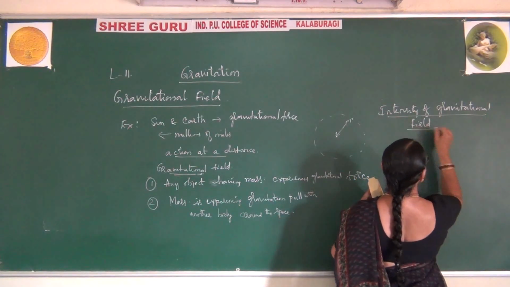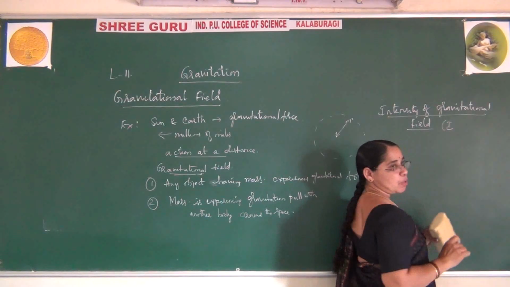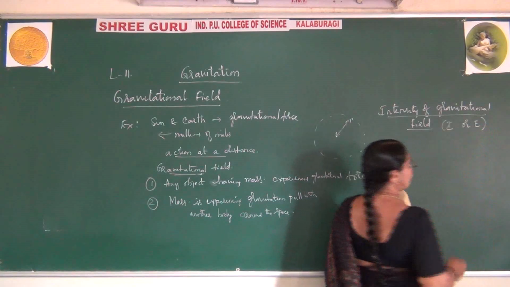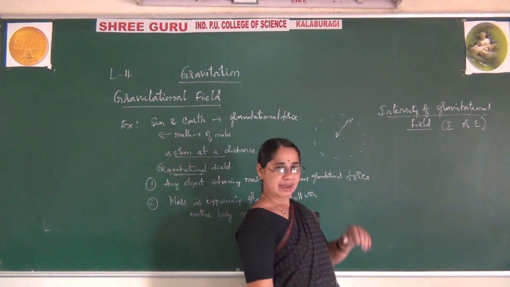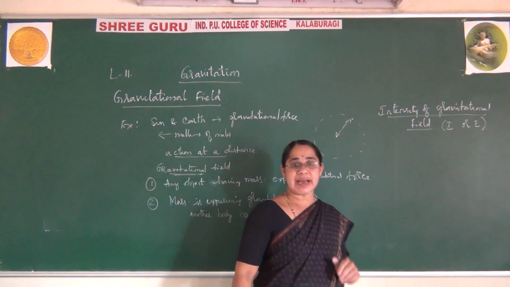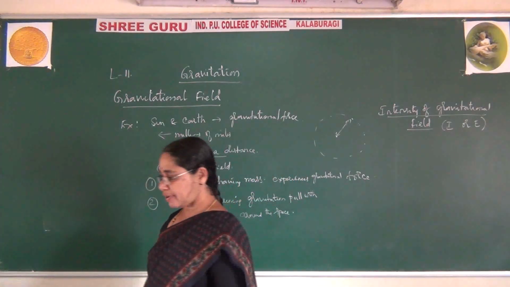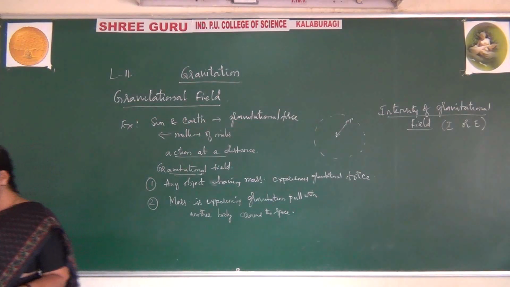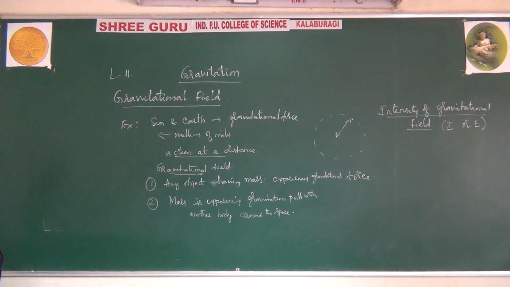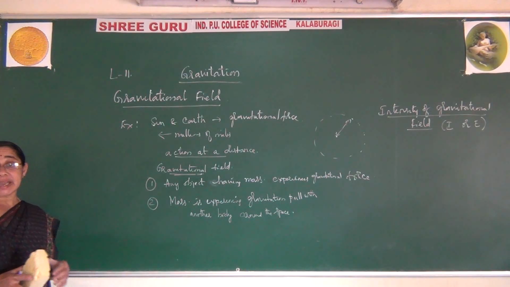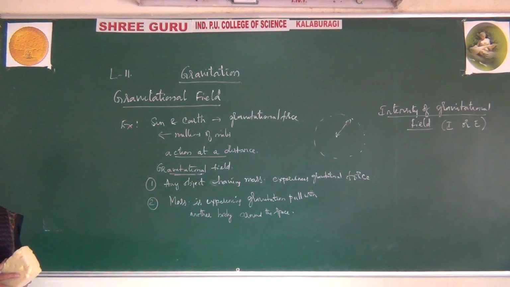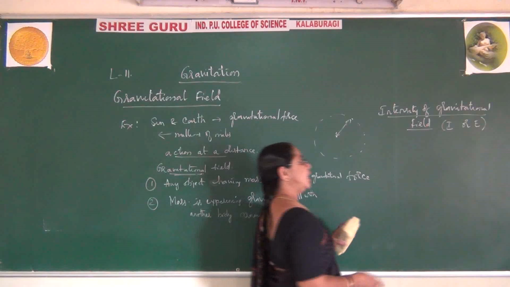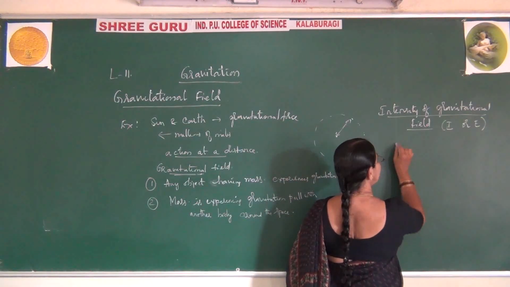Please remember, this can be represented by the symbol I, or it is also represented by E. In some textbooks they write E, in others they write I, because different authors use different symbols, but both are correct. You can write I, and you can also write E. So the intensity of gravitational field at any point is equal to the force.